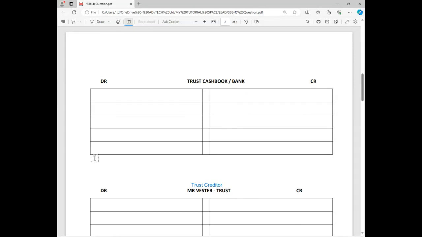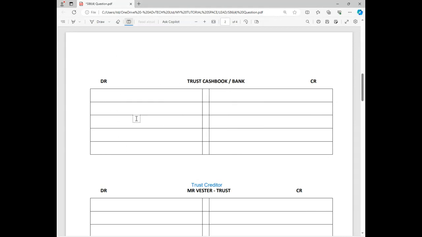Debiting this account increases its balance, and since the trust bank is an asset, it represents an increase in the firm's assets. Okay, so trust bank is very crucial so that we can store the cash that belongs to our clients. So by debiting this account, you are recognizing the increase in the cash assets held in trust for the clients.